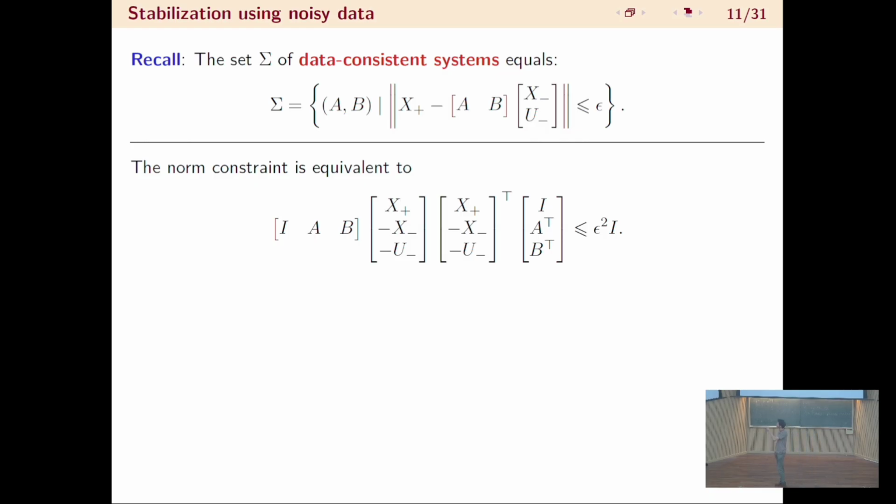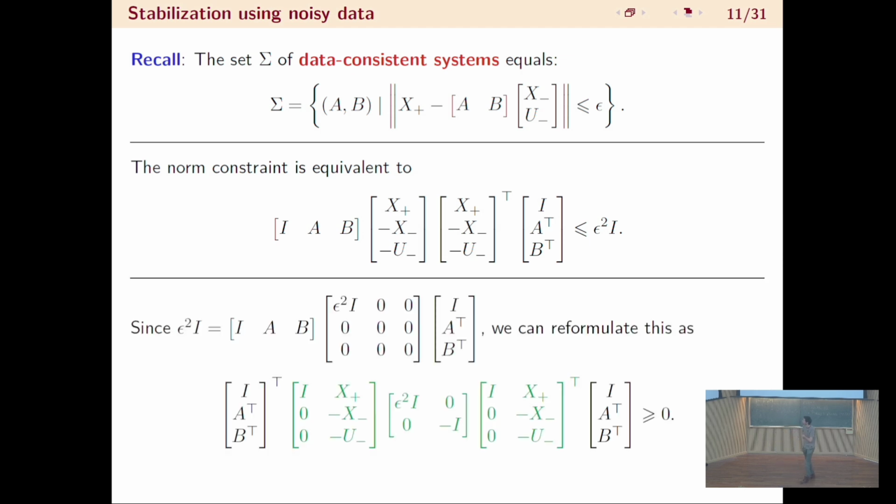As we saw before, that norm inequality is equivalent to this matrix times its transpose being less than or equal to epsilon squared identity. Moreover, since epsilon squared identity can be written as identity AB times this matrix over here, times I A transpose B transpose, because the zeros cancel all the terms depending on A and B, and we just obtain this epsilon squared identity term because of the identities on left and right.